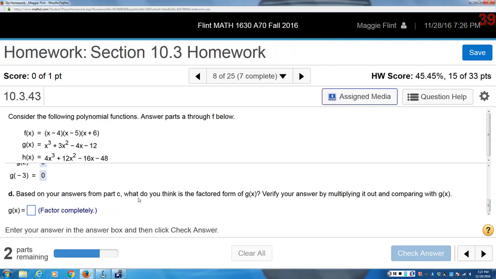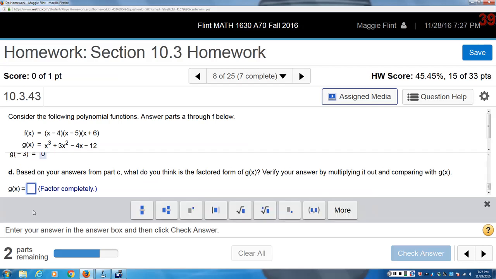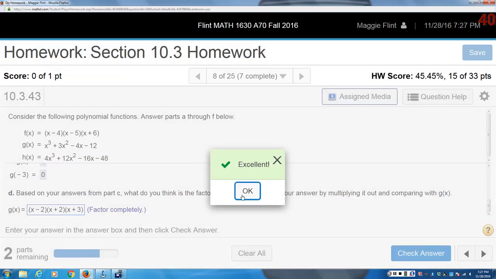And then based on your answers from part C, what do you think the factored form of g of x is? Let's see. Okay?